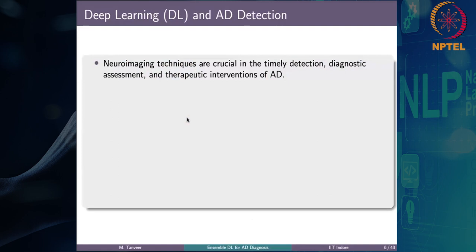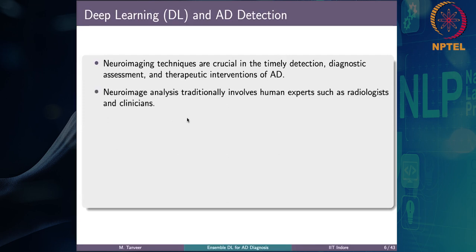Deep learning and Alzheimer disease detection: neuroimaging techniques are crucial in the timely detection, diagnostic assessment, and therapeutic intervention of Alzheimer's disease. Neuroimage analysis traditionally involves human experts such as radiologists and clinicians.